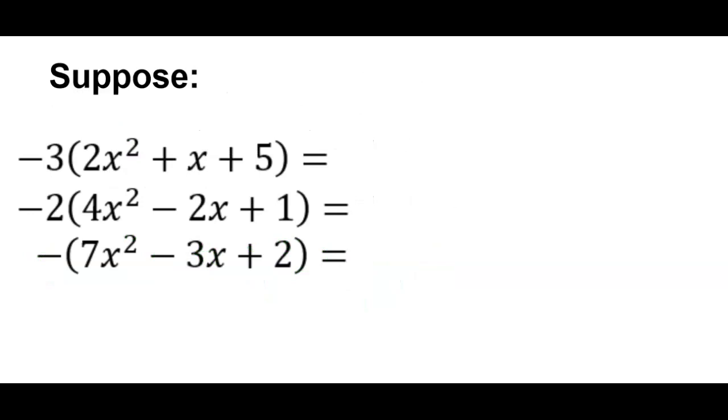Oh, wait, what if I've got a negative in front of here? A negative always makes everything opposite, right? So this makes things opposite, and I need to distribute this one in. And I need to think very closely about how I do this, okay? So this negative 3 is going to change my 2x squared to what?